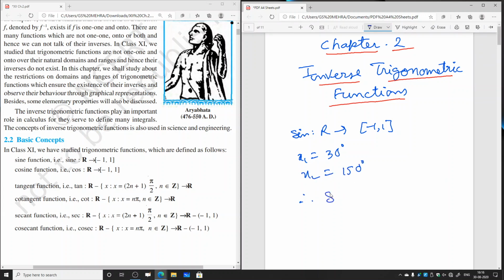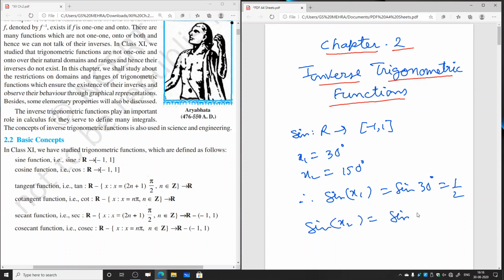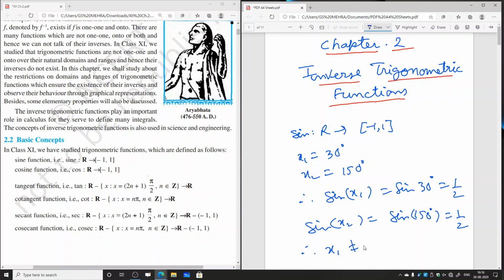Therefore, we will get sine x1, that is sine 30 degree, equal to 1 by 2. Then we have sine x2 equal to sine 150 degree, and sine 150 degree is also equal to 1 by 2.